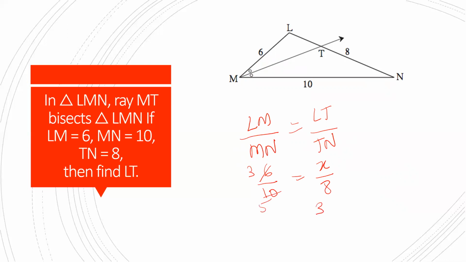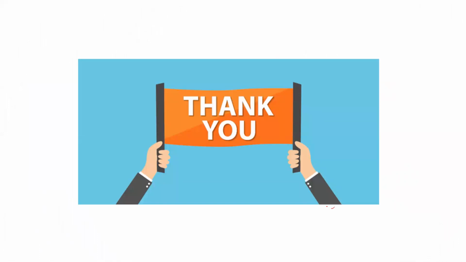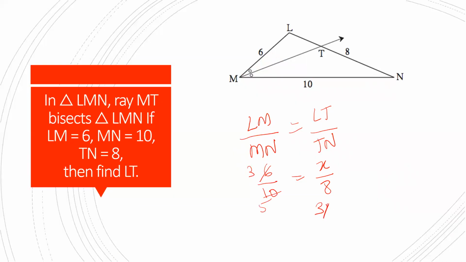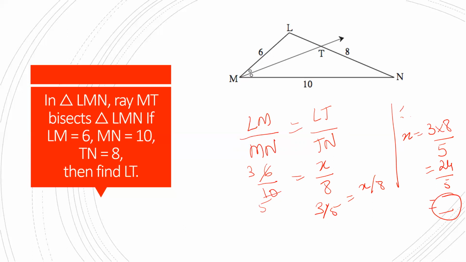So I can get 3 upon 5. 3 upon 5 is equal to X upon 8. Therefore, X is equal to 3 into 8 upon 5. So 24 upon 5, and you can solve further for your conclusion in the calculation.